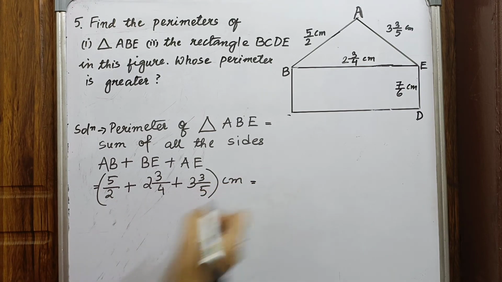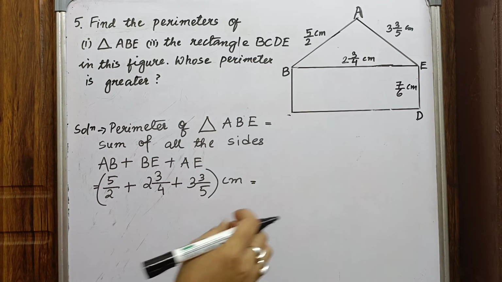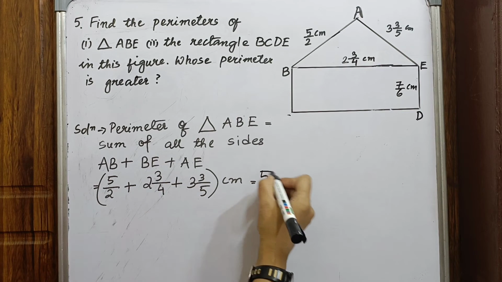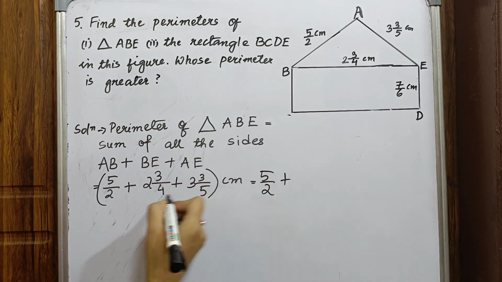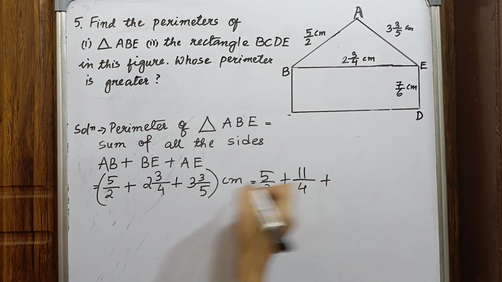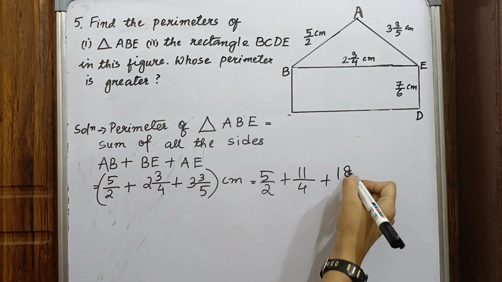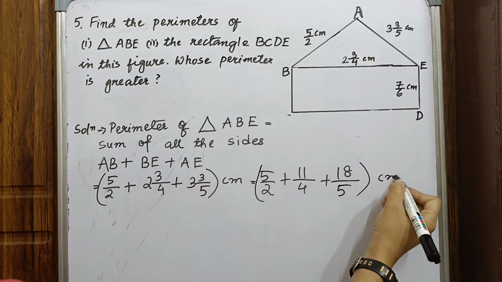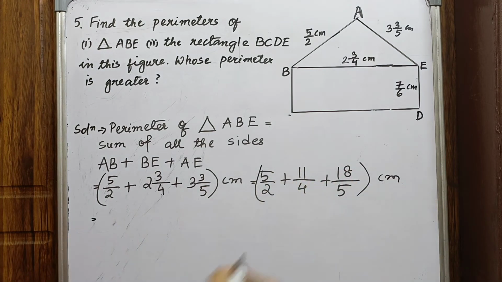Now, like the previous one, we'll convert the mixed fractions into the form of fractions. 5 by 2 plus 4 2s are 8, 11 by 4 plus 5 3s are 15, 18 by 5 whole of the centimeter. Now for 2, 4 and 5, we find the LCM which we have done in number 1 and 2.